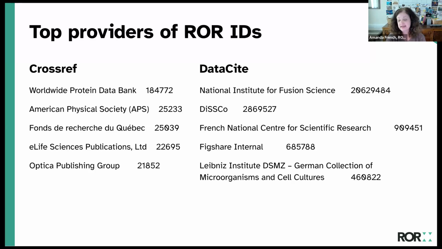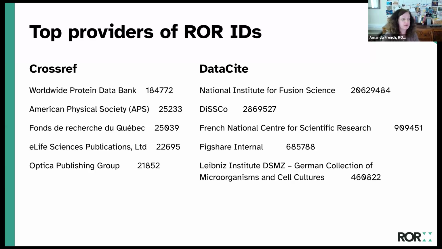These numbers for DataCite include all forms of ROR ID. So these are the top providers of ROR IDs, whether used for creator affiliation, for funder, or for publisher. Japan, again, leads the way. Its National Institute for Fusion Science uses ROR IDs to identify itself, and I believe also author affiliations.